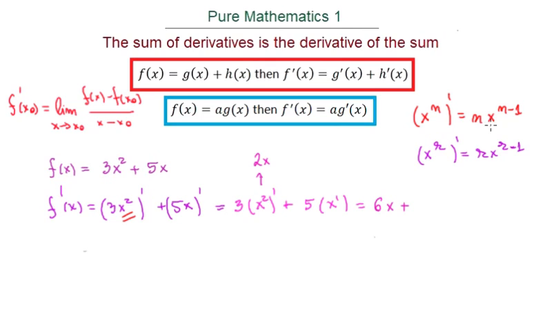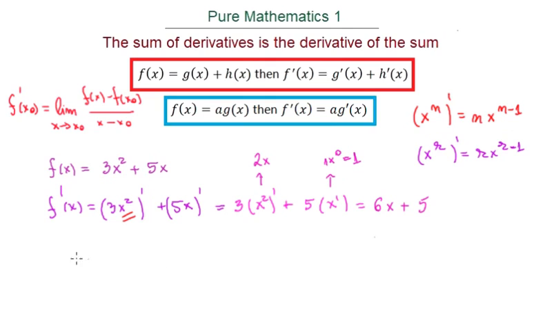Differentiated will be 1 times x to the power of 1 minus 1, which is 0. 1 times x to the power of 0 is actually equal to 1. So we will have 5 times 1, which is 5. So then the derivative of f of x, which is 3x squared plus 5x, will be 6x plus 5.